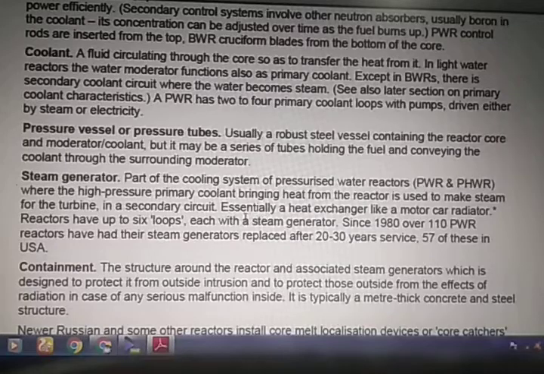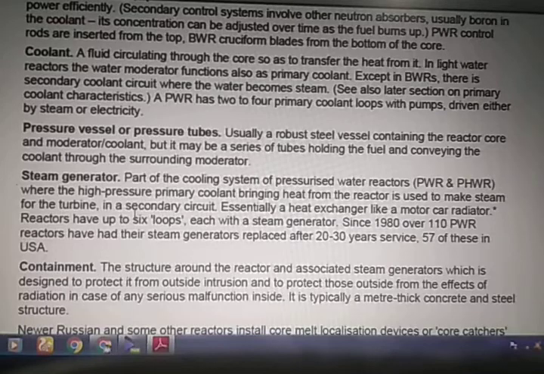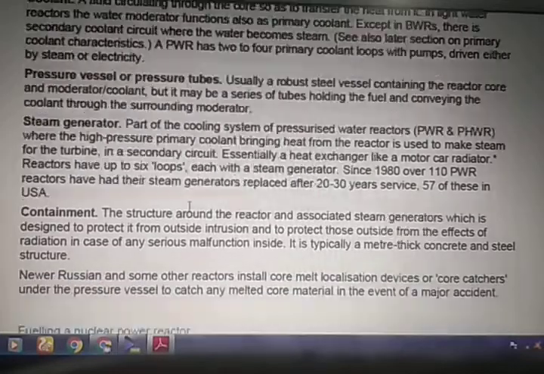When fission reactions take place inside the core of the nuclear reactor, heat is evolved, and this heat is used to convert water into superheated steam. This superheated steam is allowed to pass through the generator, and the turbine runs and produces electricity.